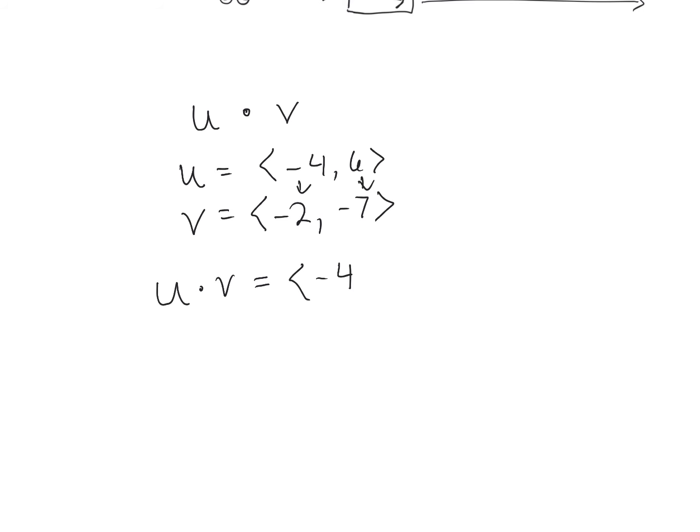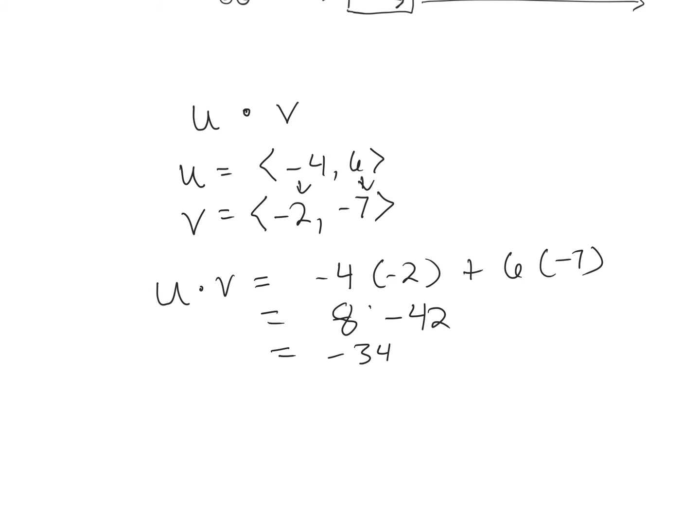So -4 times -2, and then we add them, plus 6 times -7, which gives us +8 plus -42, which is overall -34. So the dot product is -34.